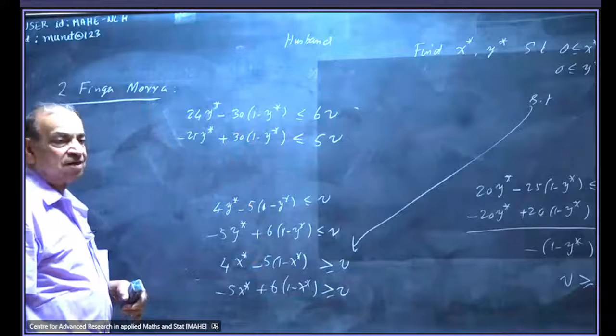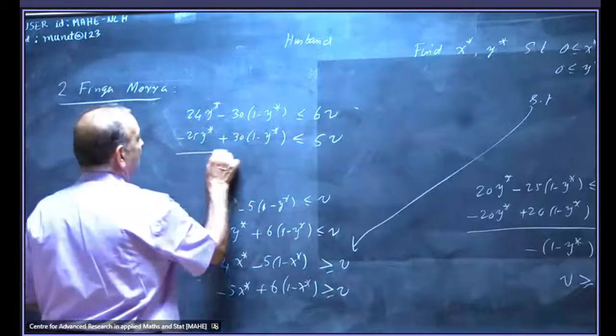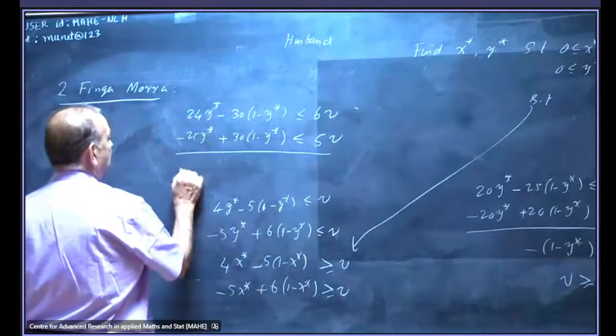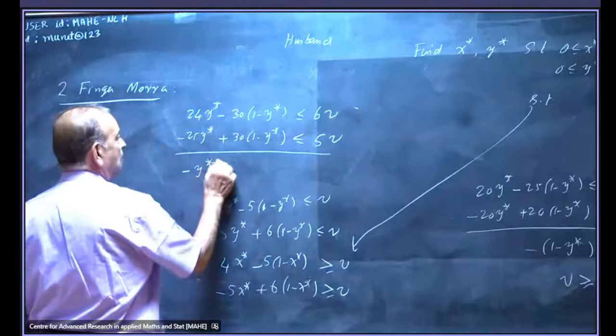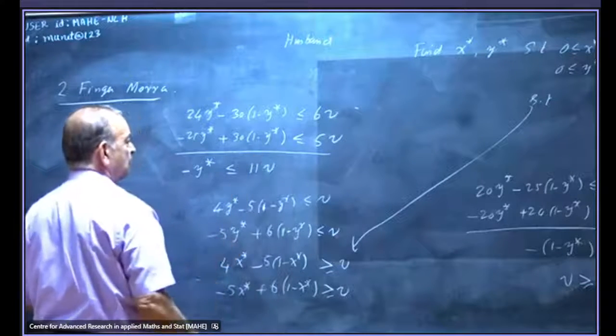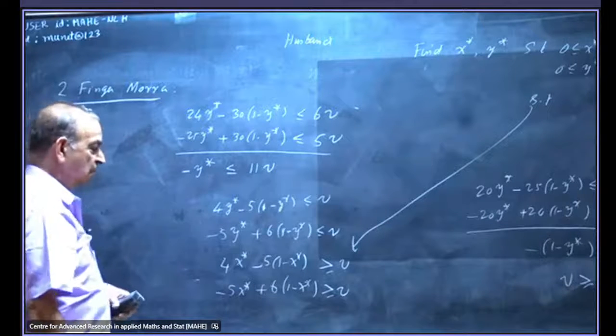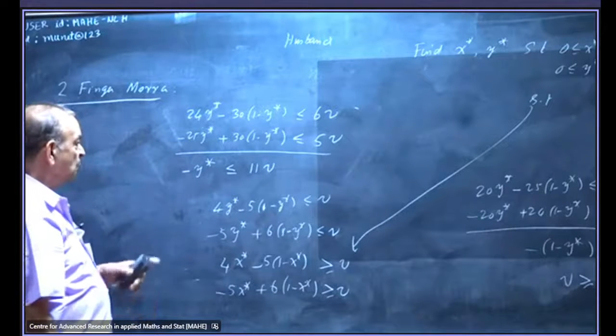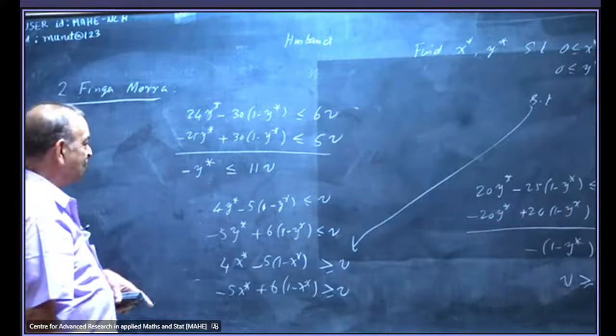Agree? So when I add these two, I get minus y star is less than or equal to 11b.